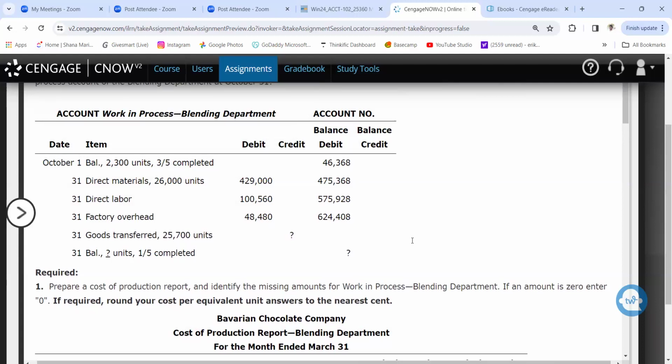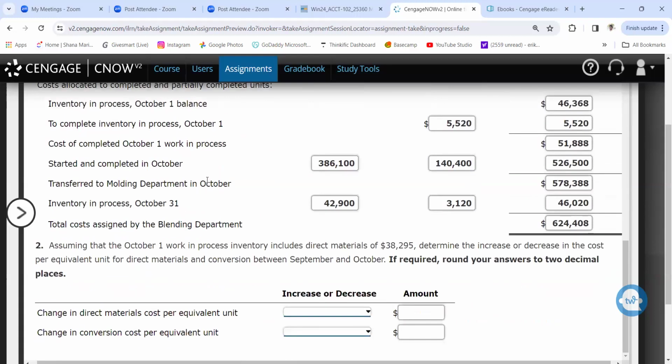It says that, assuming that October 1st work in process includes DM of 38,295.